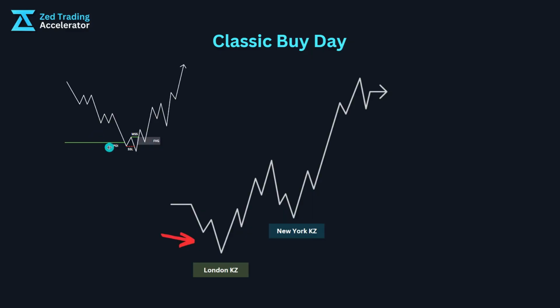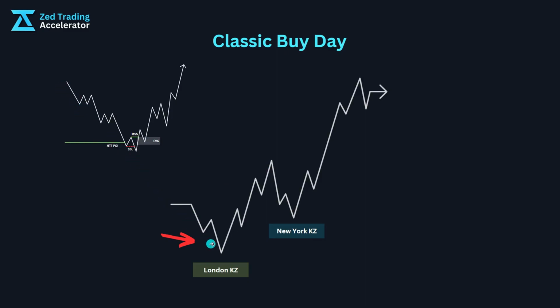If you look at this very closely, we know that the London low is just a Judas swing. Remember, if we're going up, the price goes down first and then starts to go up. If you go to the lower time frame right here, look at this chart.